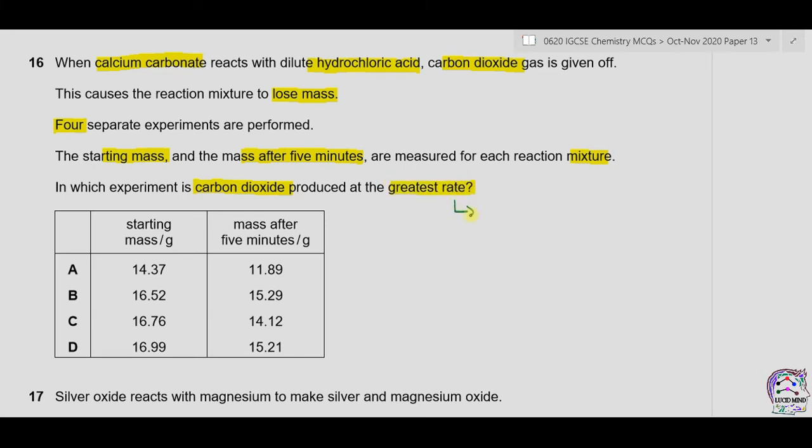Now rate of reaction can be described as the amount of product formed in a given unit of time, or it could also be expressed as the amount of reactant lost per unit time.